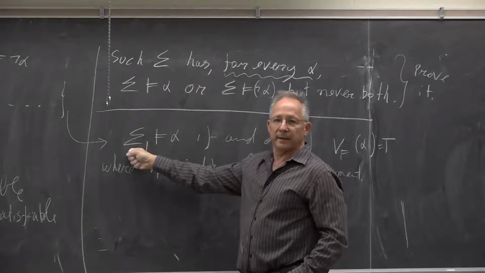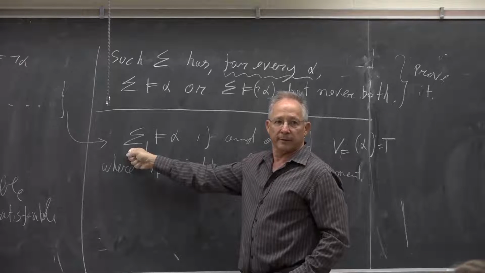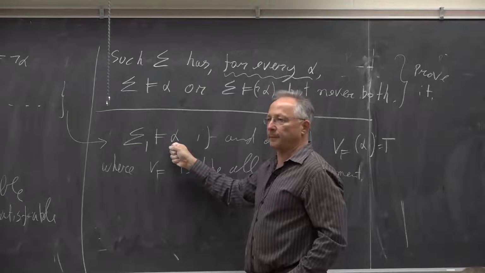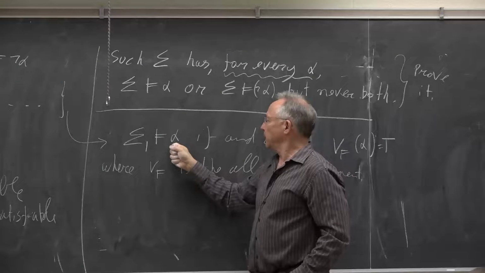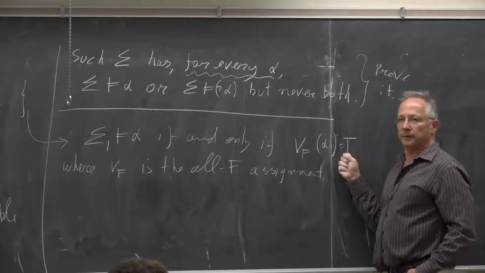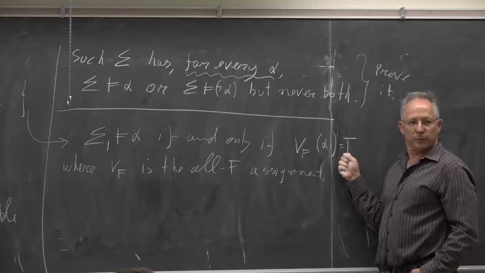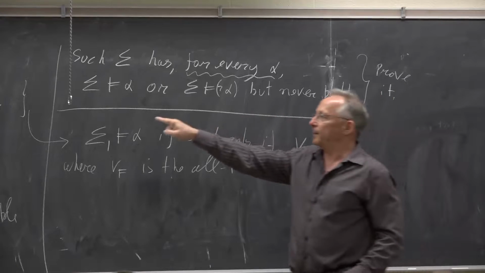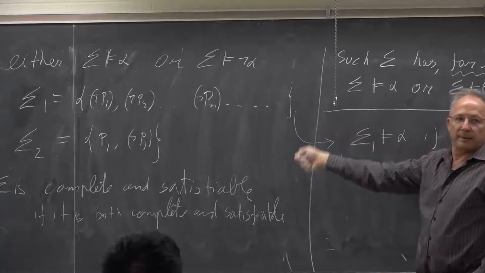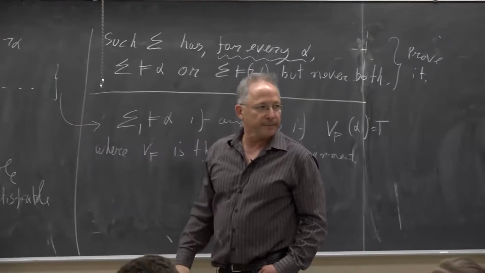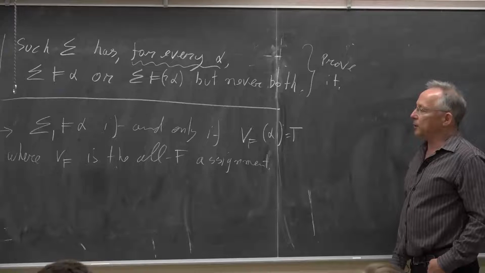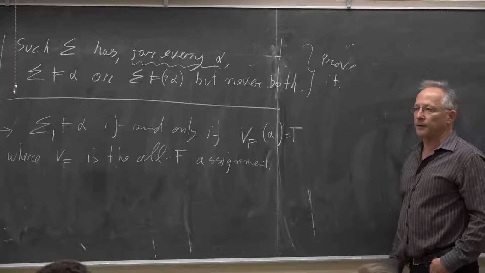But there's only one guy that satisfies sigma 1. It's the all false. And therefore, if sigma 1 implies alpha, the all false assignment should give alpha the value true. What about the other direction? Assume that the all false assignment gives alpha true. Then every assignment that satisfies sigma 1 will give alpha true, because every assignment that satisfies sigma 1 is the all false assignment. Right? So sigma 1 logically implies alpha, if and only if alpha is true under VF.